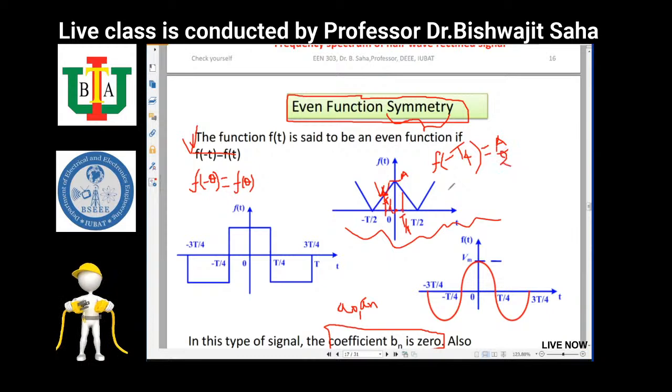It's A by 2. Similarly, f of T by 4 is going to be A by 2, the same, because there is no negative part of the given signal. So both are the same, right? So we can write down f of minus T by 4.